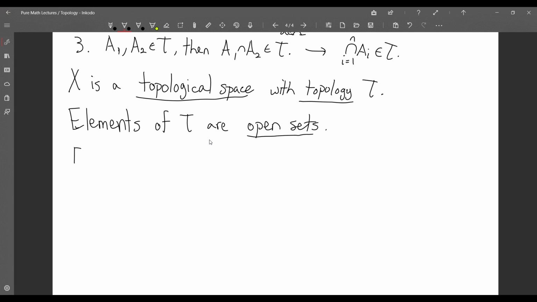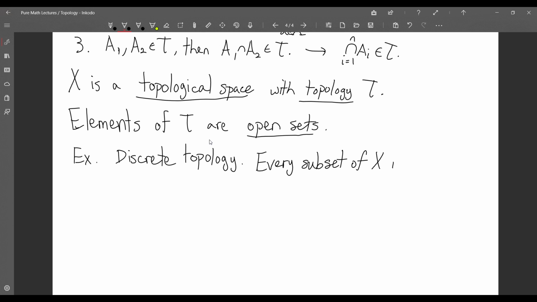So let's give some basic examples first. There is the discrete topology, and this topology is where every subset of X is open, right?